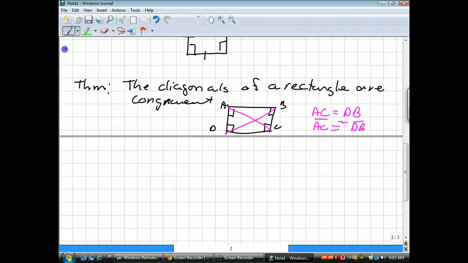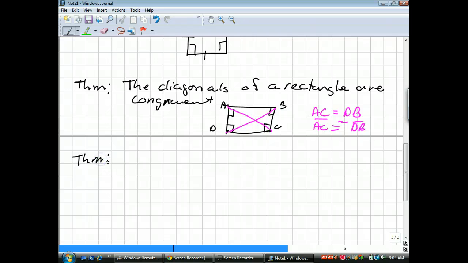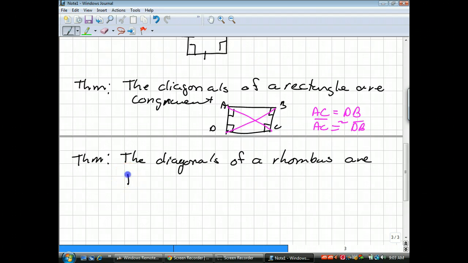The second theorem has to do with the diagonals of a rhombus, and it says the diagonals of a rhombus are perpendicular.